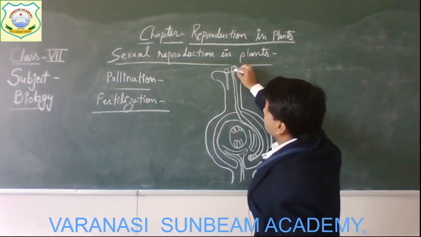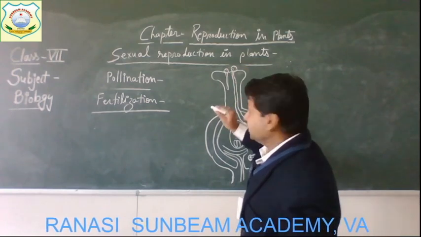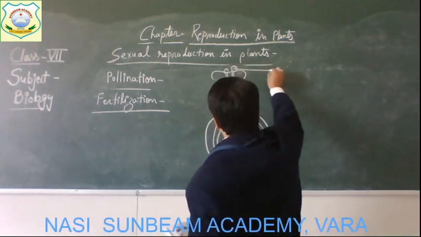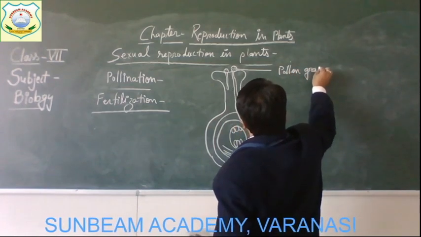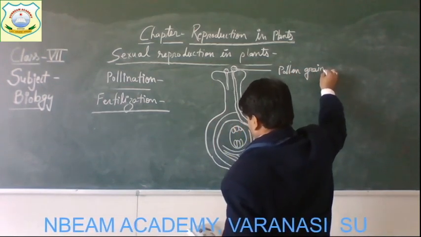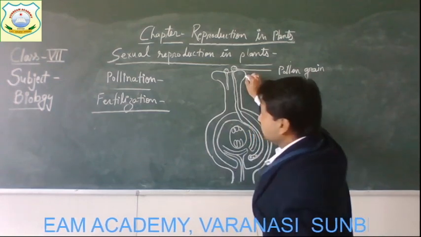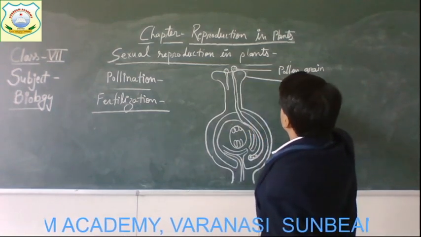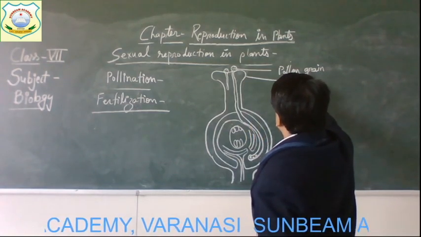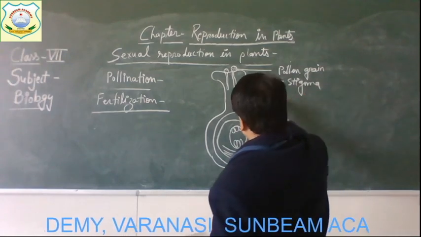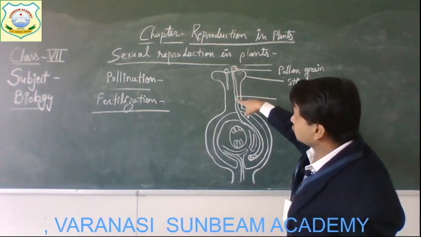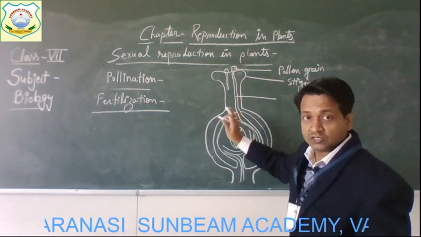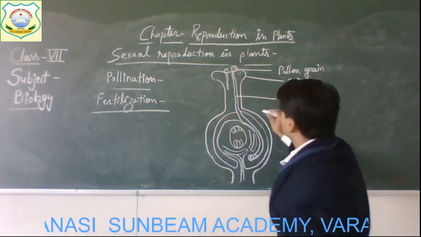Now, these structures are the pollen grains. This broad part is the stigma. The pollen grain germinates to form a tube-like structure which is known as the pollen tube.